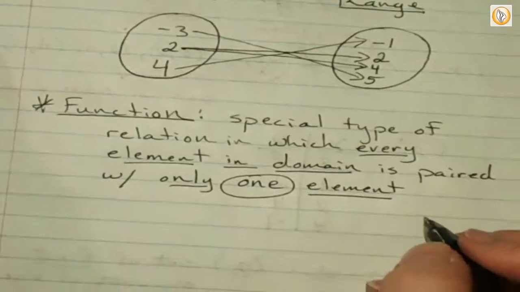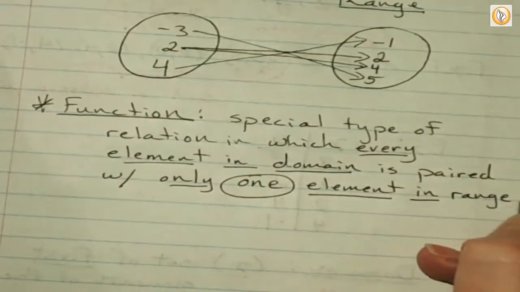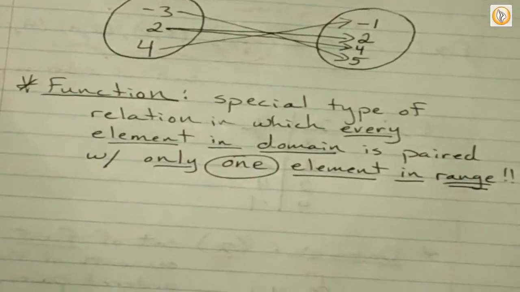Notice all my underlines in range. A function is a little bit different than a relation. You got to know the difference. A function is a special type of relation in which every element in domain is paired with only one element in range.